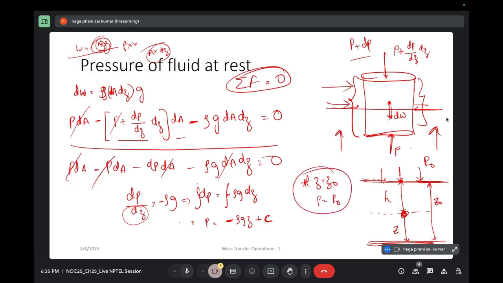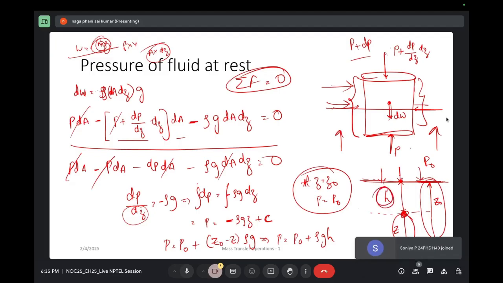So if you substitute that, you will be getting P is equal to P naught plus Z naught minus Z into rho G, or you can also write this as P is equal to P naught plus rho G H. Because essentially Z naught minus Z will be equal to the height of the liquid, right?